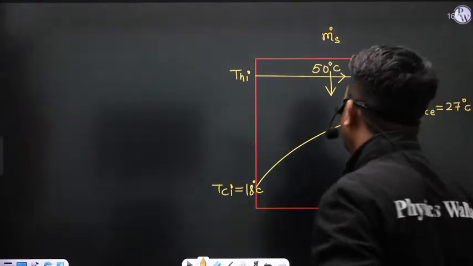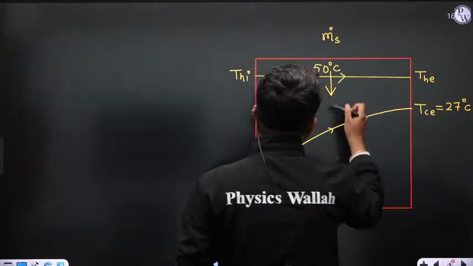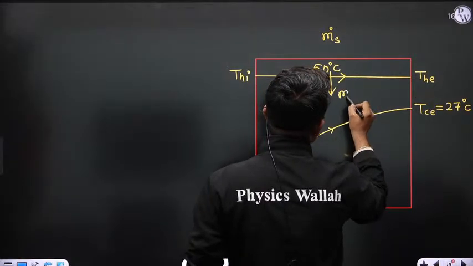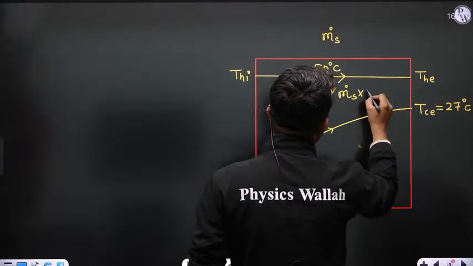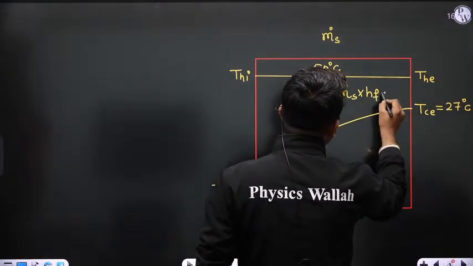Now what is the latent heat of condensation released here? Simply, it is m dot s, the mass of the steam which is condensed, multiplied by the latent heat of condensation.